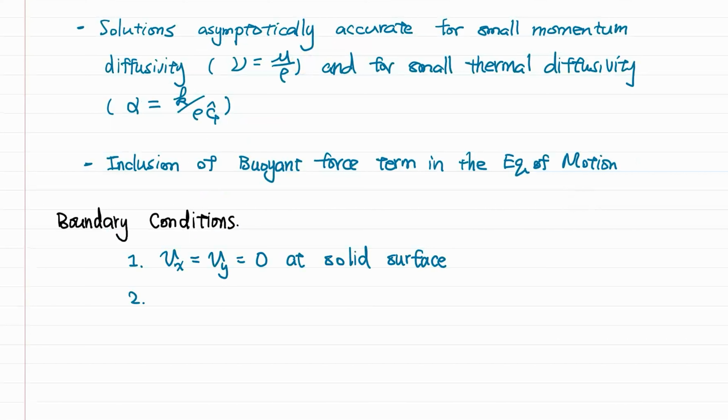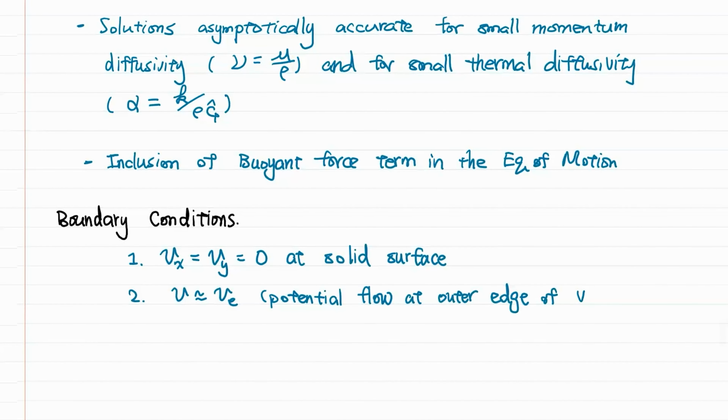Second, velocity approaches the external velocity, or we call it the potential flow, at the outer edge of the velocity boundary layer.